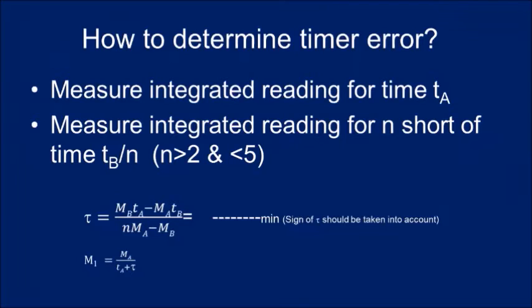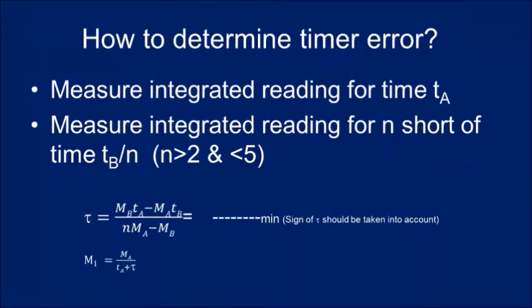Then for the same 3 minutes or 5 minutes, you divide this into 2 or 3 times. But take an integrated reading. Don't do anything with your electrometer. Just allow it to accumulate the dose. Stop at 1 minute, stop at 2 minutes, stop at 3 minutes, and then switch on again. So your source goes off and goes on, goes off and goes on.